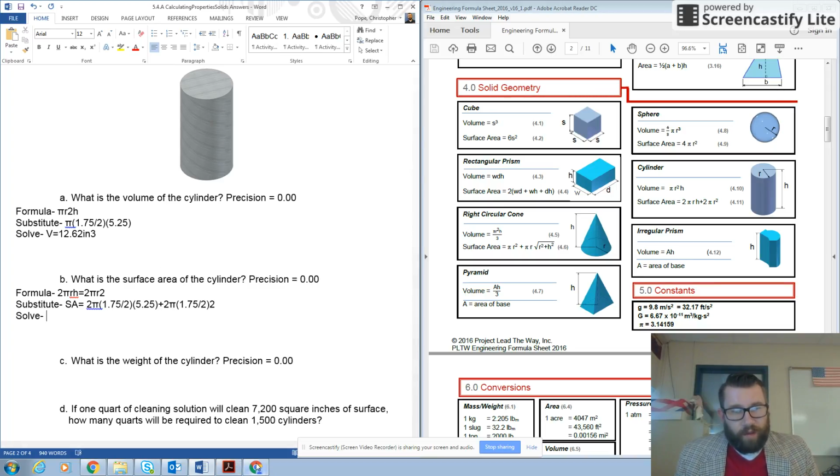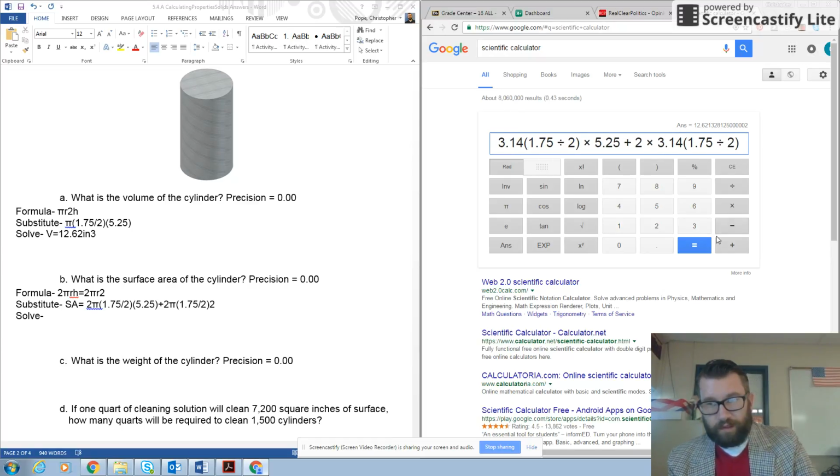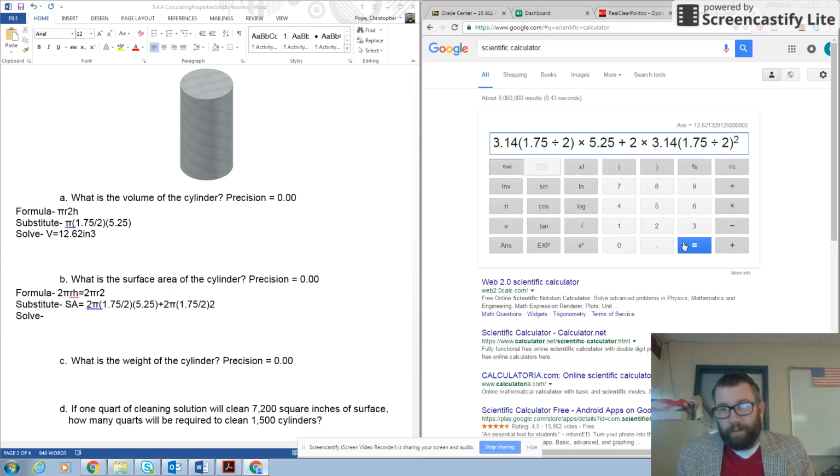I will go back to the calculator, hit all clear, and type it in just as I see it. So 2 times 3.14 times parentheses 1.75 divided by 2, close the parentheses, times 5.25, plus 2 times 3.14 times parentheses 1.75 divided by 2 for my radius, close the parentheses, and then do an exponent again.